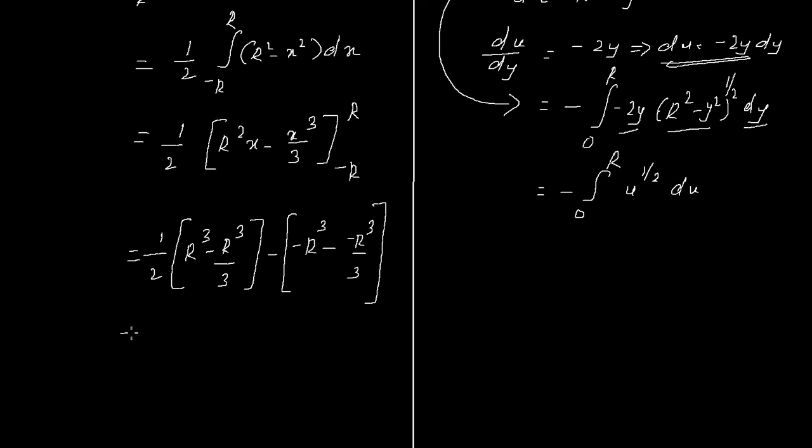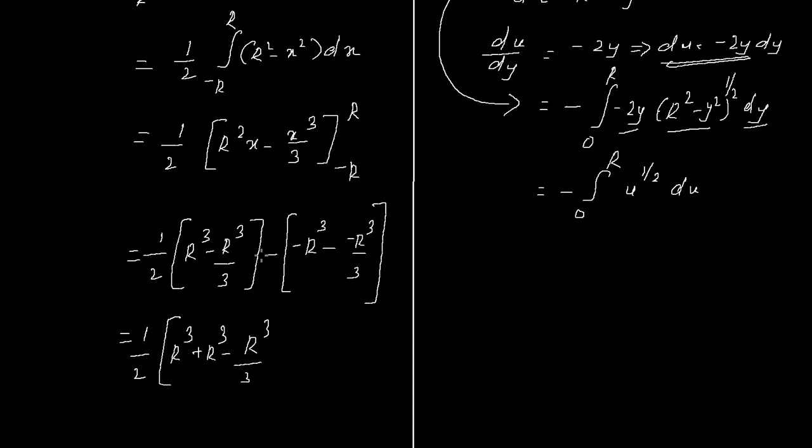So that will give you minus r cube, minus and minus plus, so you have 1 by 2, this is r cube minus r cube, that will give you plus r cube, and minus r cube by 3.